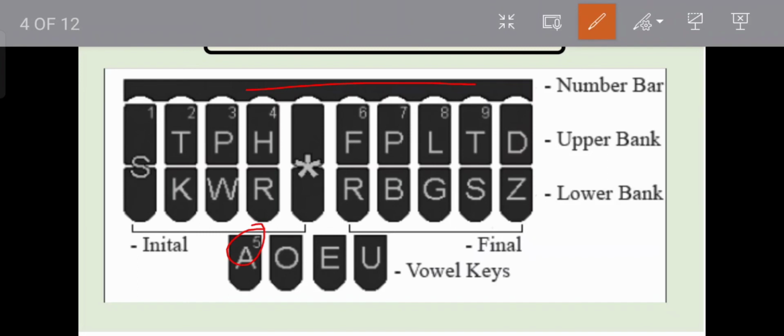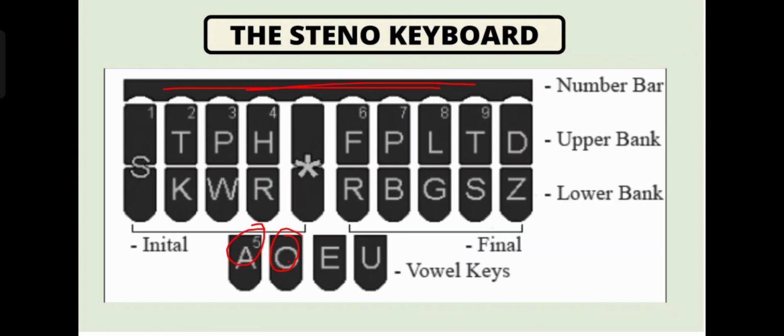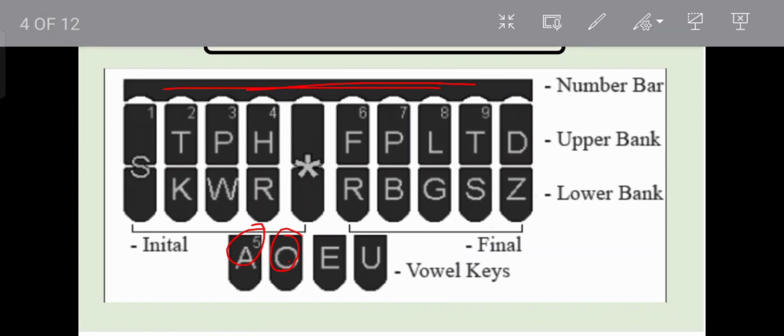If you want to press 0, then you have to press the number bar and O together. Because if you press them separately, letters will come out.